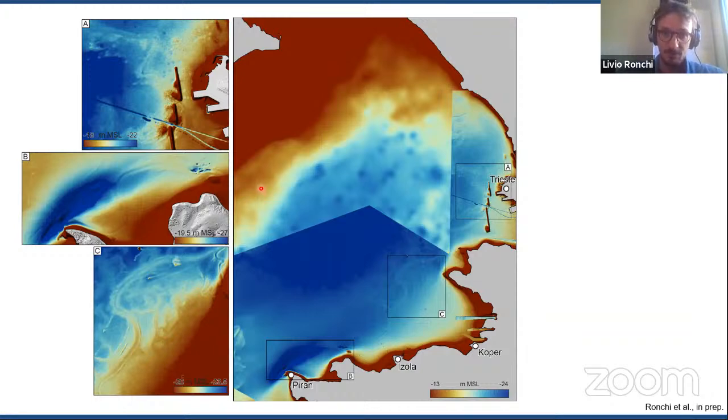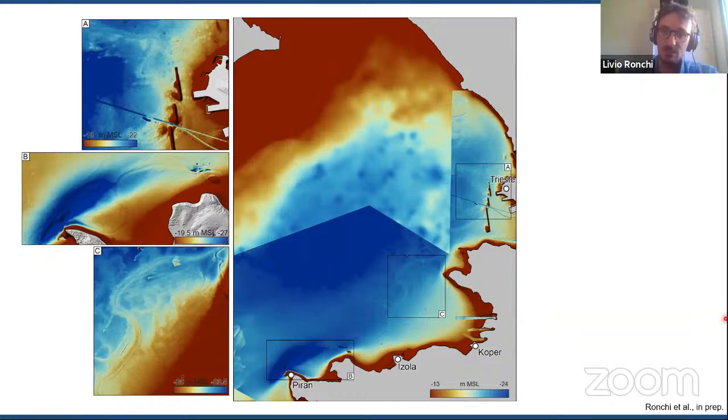And it was generically described in the previous paper as one of the rivers from the Istrian area, so this area here. And now with this newly acquired DTM, we understood that actually this channel continues, and again another magnification.